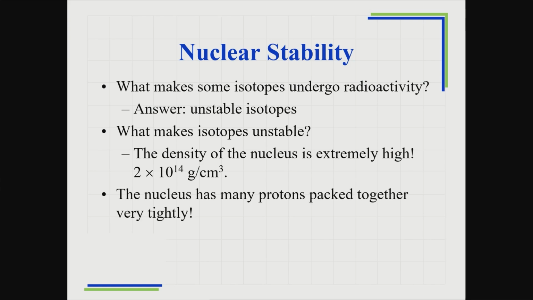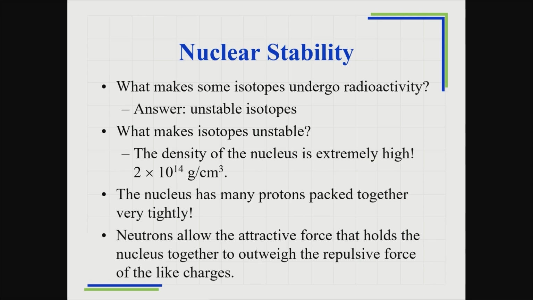So we have a lot of protons packed very tightly in a very small space. Now, the neutrons are in there in order to overcome the fact that those protons are trying to repel. Opposites attract, but same charges repel.